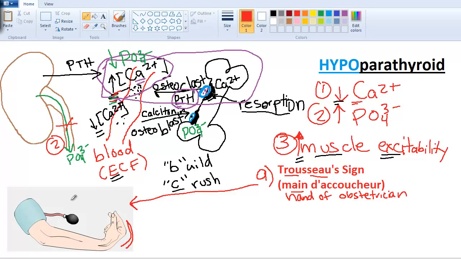So what's going on? Alright, you put the blood pressure cuff on the patient, and you start to inflate it. You get above systolic. So the artery's in there, the brachial artery, here comes the blood, it's going down to the arm. The main idea here is calcium is supposed to get through, but you're inflating the cuff, so the calcium is stuck up here, and there's very little getting here.